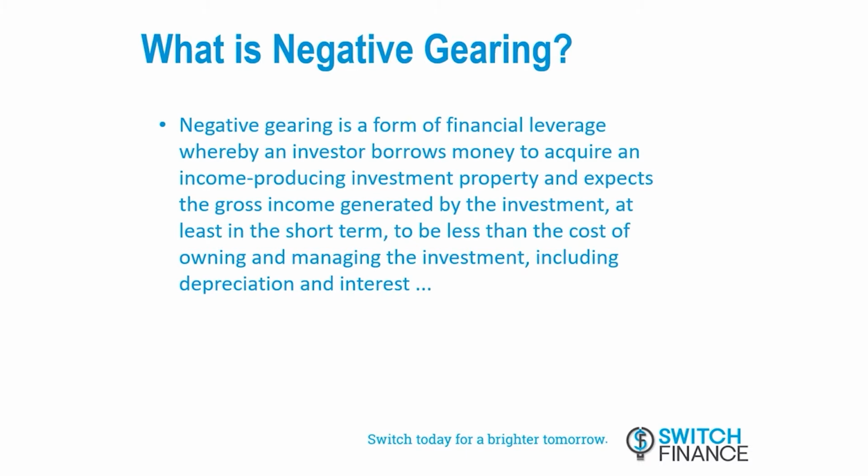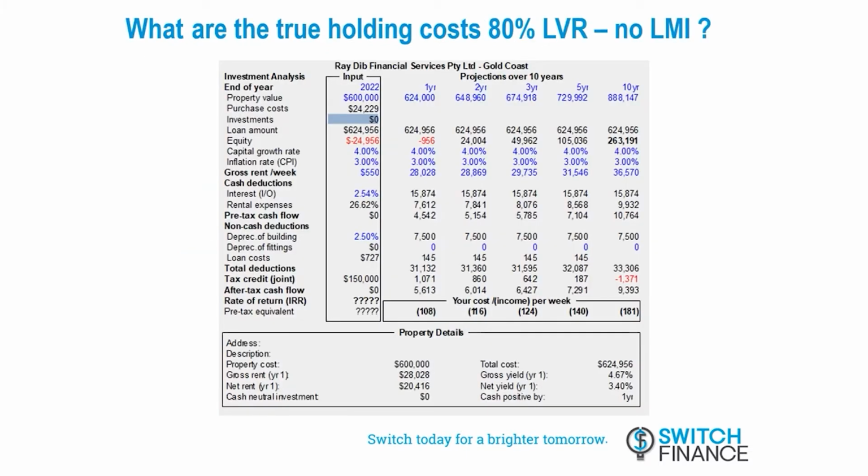So here we have cash flows worked out in a software that's specially designed for property investors by accountants. And we've got a property value of $600,000. We're just looking at the first column there. Purchase costs, including your stamp duty and legals, etc., is about $24,000.